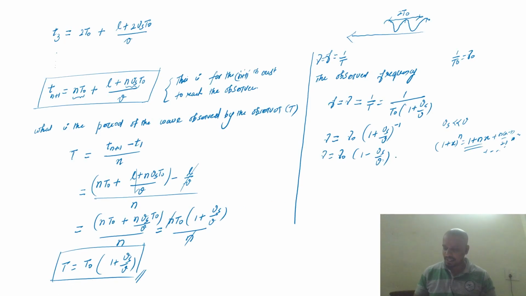Here n is minus 1. So the observed frequency is always less than the original frequency, because it is 1 minus the ratio.